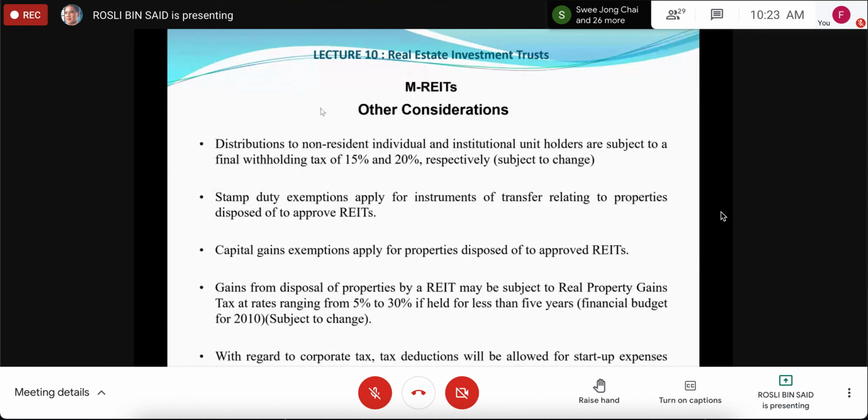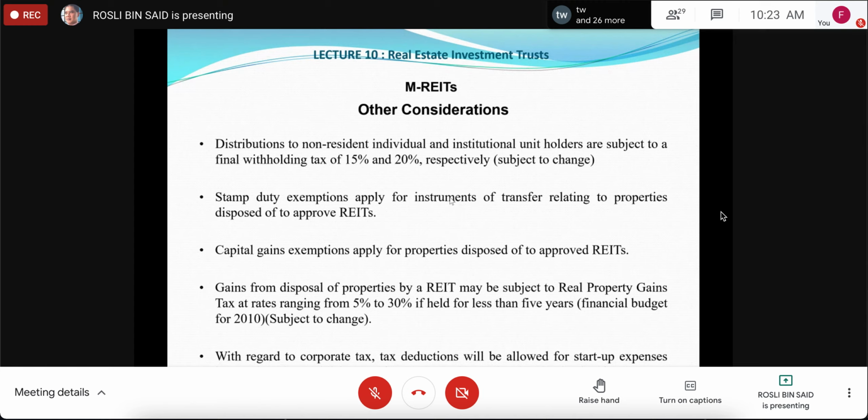And then we can also look at other considerations. Distribution to non-resident individual and institutional unit holders is subject to a final withholding tax of 15 to 20%. So I think this is not really relevant for us to know, because we are basically residents.